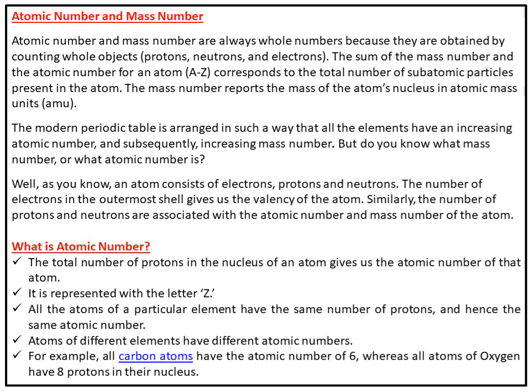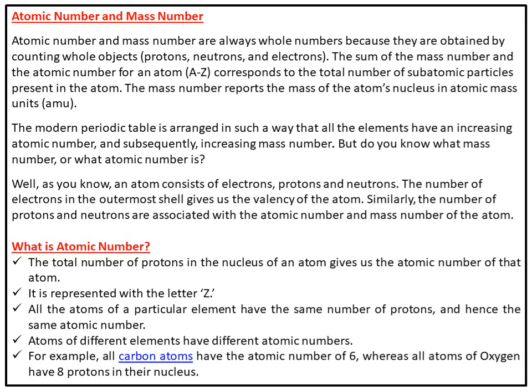Now the mass number, it's represented by capital A. It is the sum of number of protons and neutrons present in the nucleus of an atom.